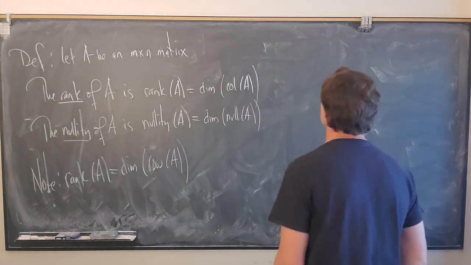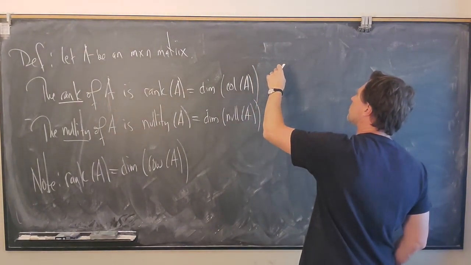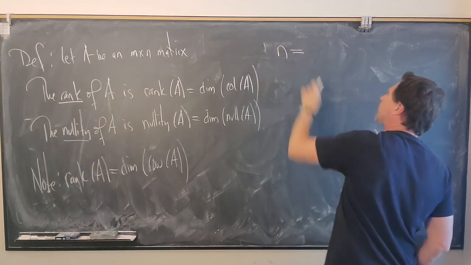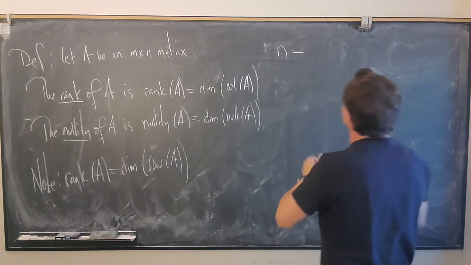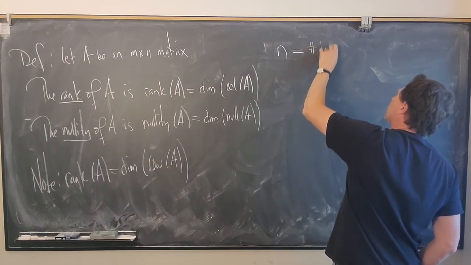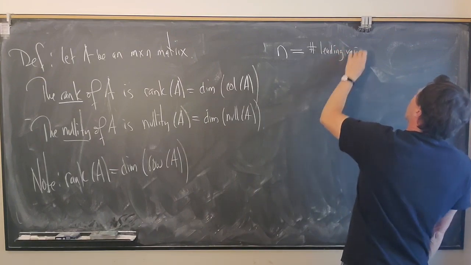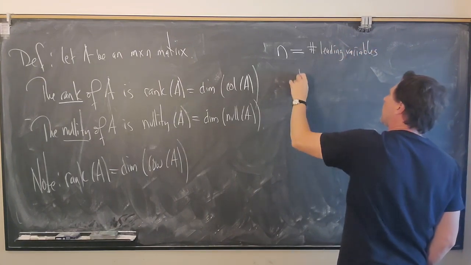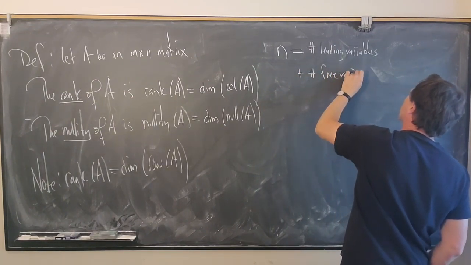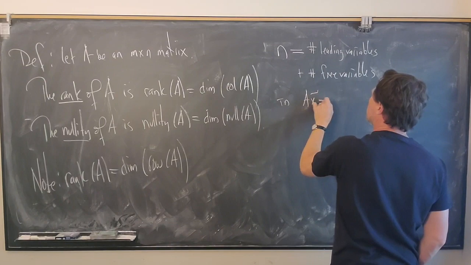Now, here's something to pay attention to. Let's notice this. We've got this M by N matrix, and N is equal to the number of leading variables plus the number of free variables in the homogeneous system.